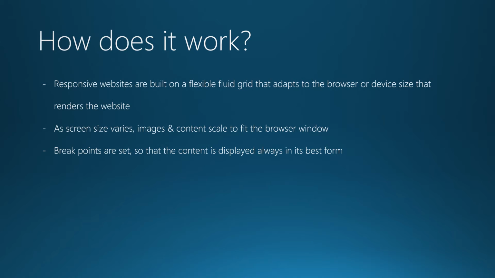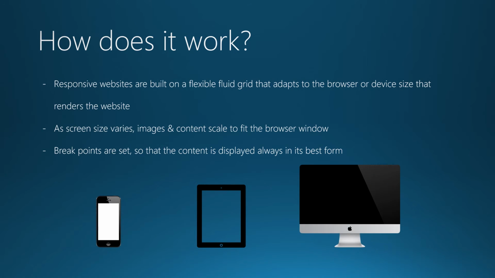As screen size varies, images and content scale to fit the browser window, and breakpoints are set at certain screen resolutions so that the content is always displayed in its best form on any device, be it mobile, tablet, or desktop.